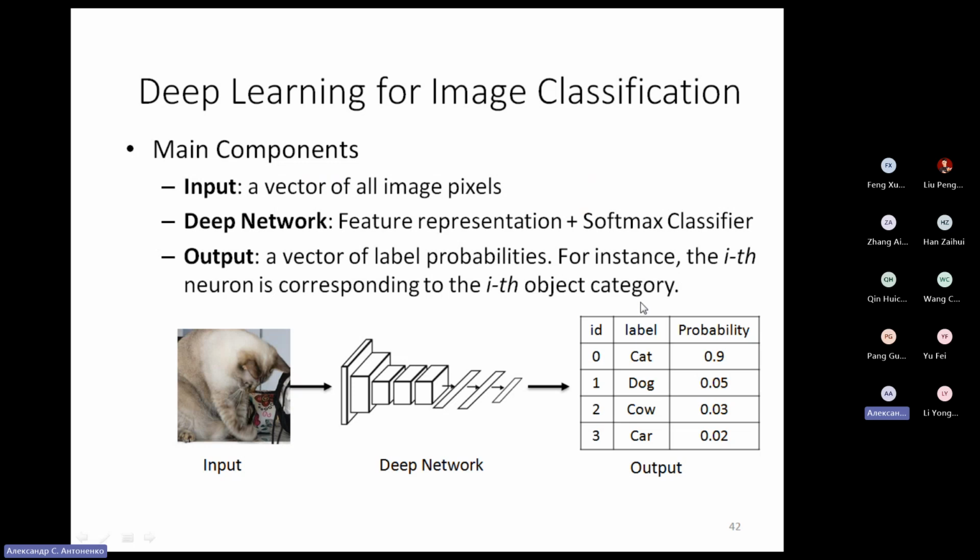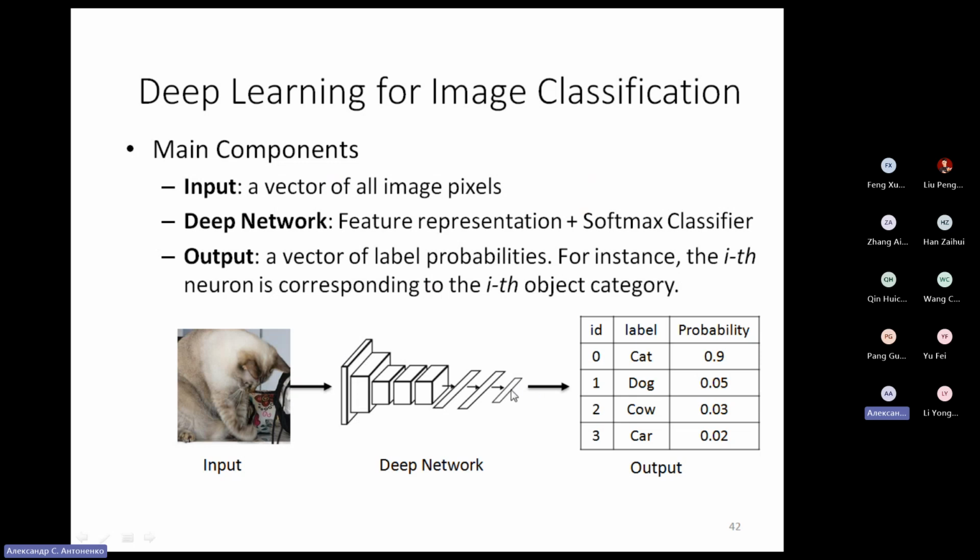So what does this model look like? On input, we have an image. We don't use feature extraction by itself, but we apply this image to a deep network, and we extract features. So our deep network will do feature representation. We have different layers. On the first layers, we have feature extraction.